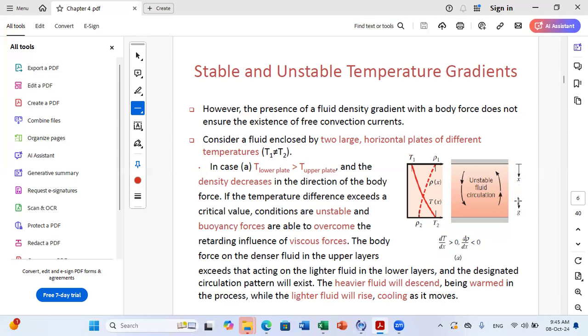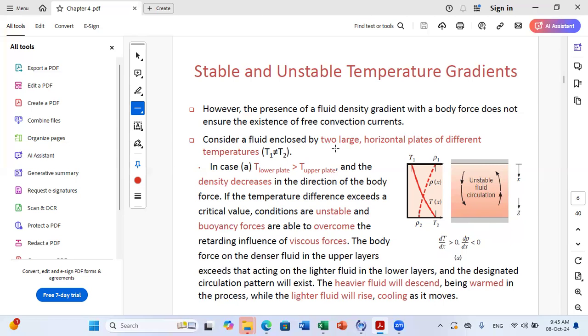In natural cases you have light molecules up and heavier molecules down. You need to create a temperature difference in a way to oppose this gravitational field in order to create circulation. So the presence of a fluid density gradient with a body force does not ensure the existence of free convection currents.